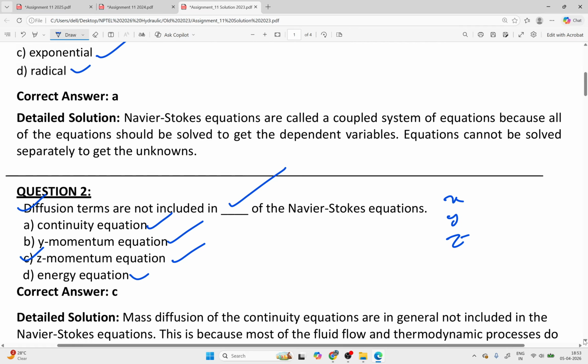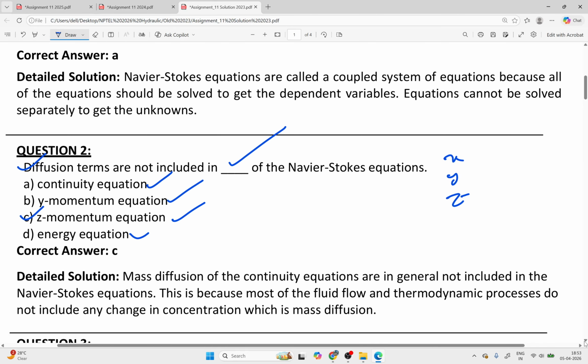I have already taught this well, I think in week 10. Mass diffusion in the continuity equation is in general not included in the Navier-Stokes equations, because most fluid flow and thermodynamic processes do not include any change in concentration, which is mass diffusion.